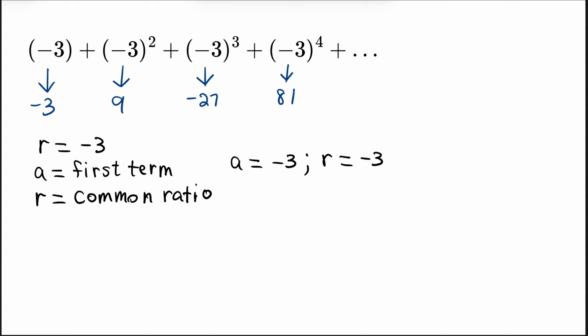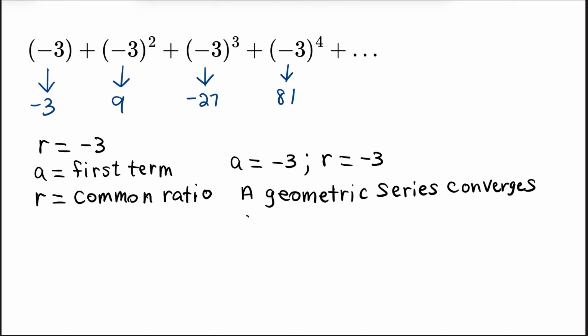A geometric series converges only if the absolute value of R is less than 1.